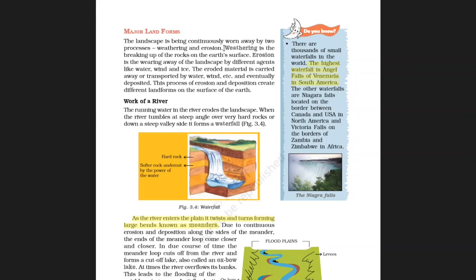They are weathering and erosion. Now let us see what is weathering. These are also important for your examination perspective. Weathering is the breaking up of the rocks on the earth's surface. It is the breaking up of the rocks which are there on the surface of the earth.